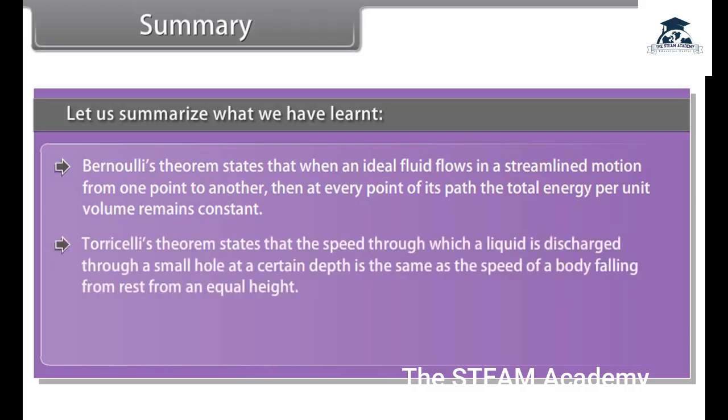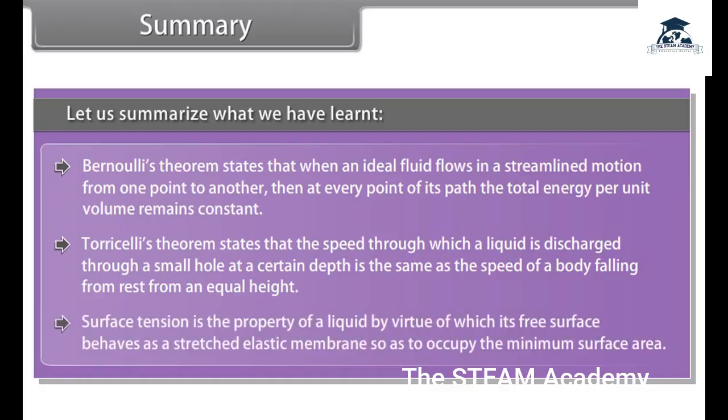Torricelli's theorem states that the speed with which a liquid is discharged through a small hole at a certain depth is the same as the speed of a body falling from rest from an equal height. Surface tension is the property of a liquid by virtue of which its free surface behaves as a stretched elastic membrane so as to occupy the minimum surface area.